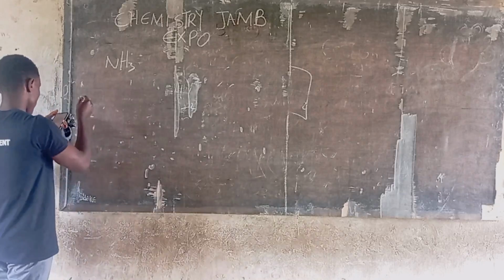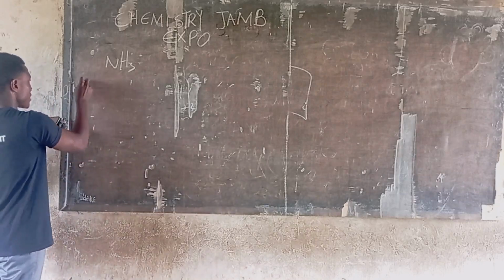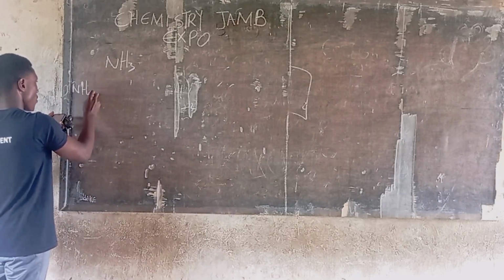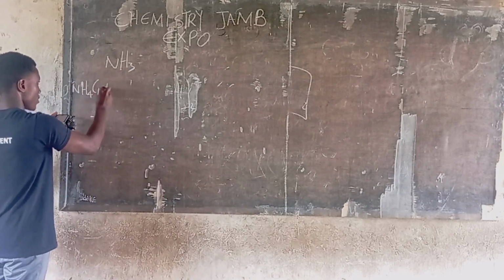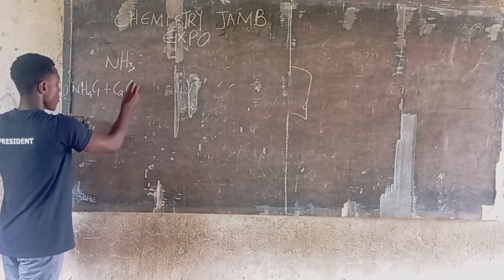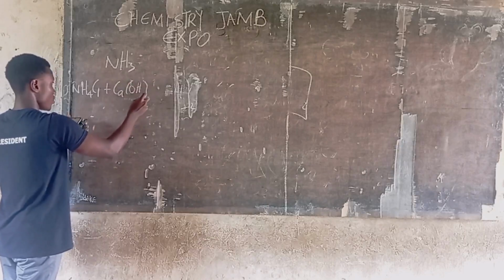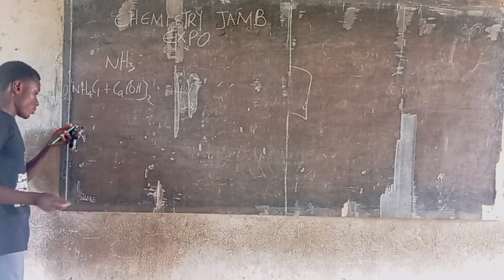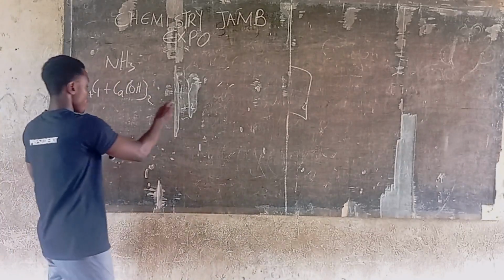We have NH4Cl plus Ca(OH)2, giving us a forward reaction.